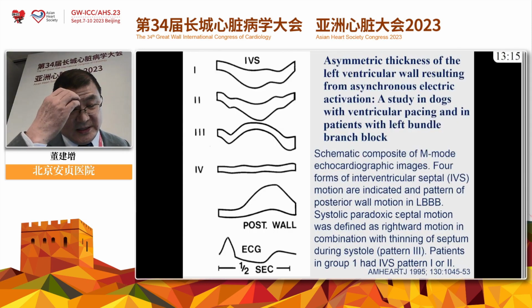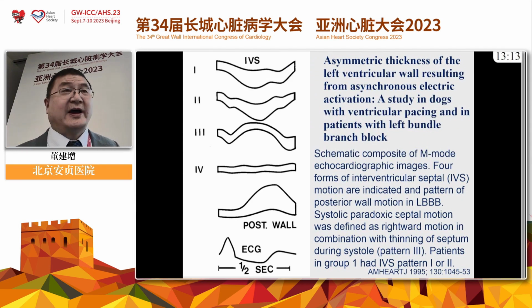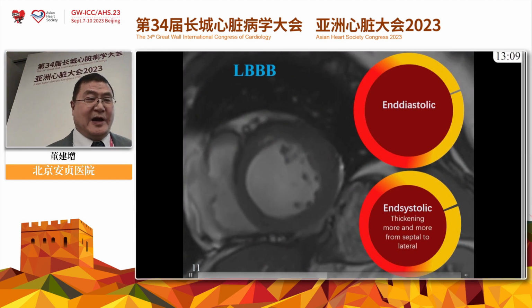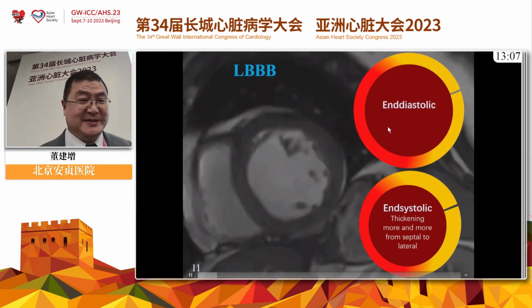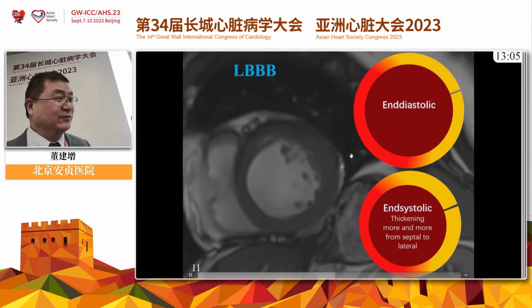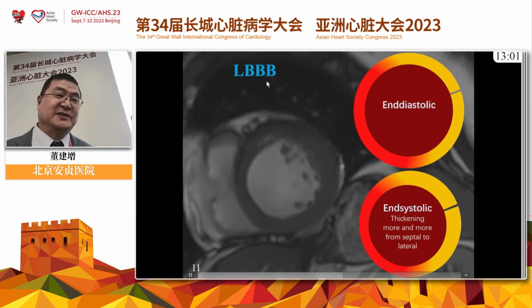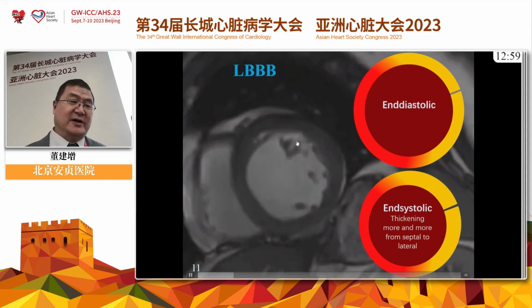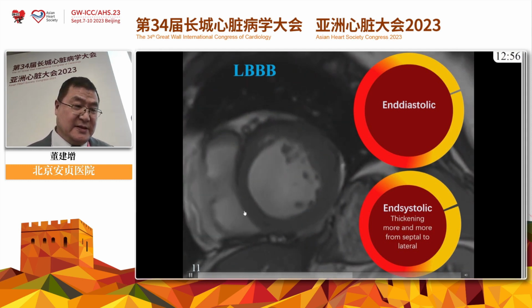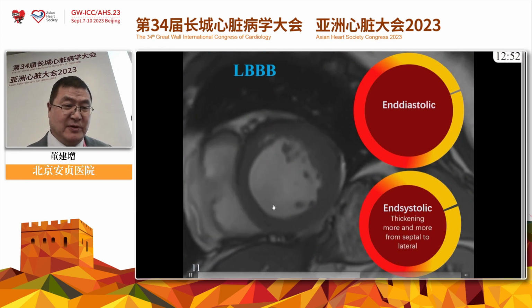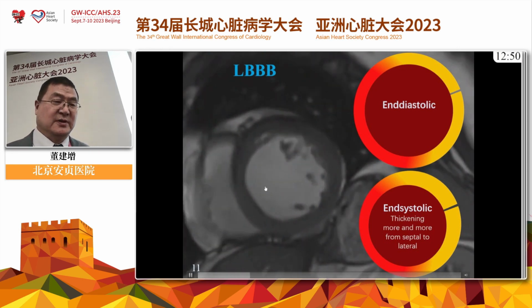This phenomenon has been demonstrated for many years by echocardiologists. But MRI makes it very easy to see and easy to understand. This is a patient with early phase left bundle branch block. We can see the right ventricle contracts, followed by the septal and lateral wall.